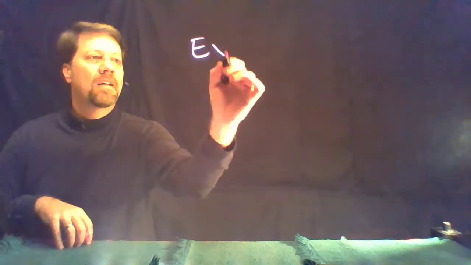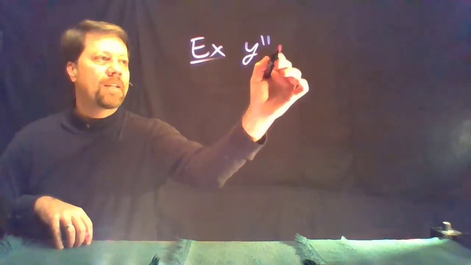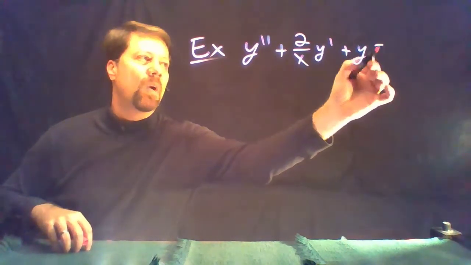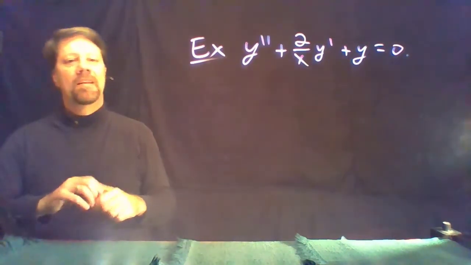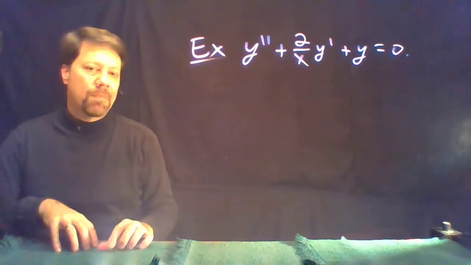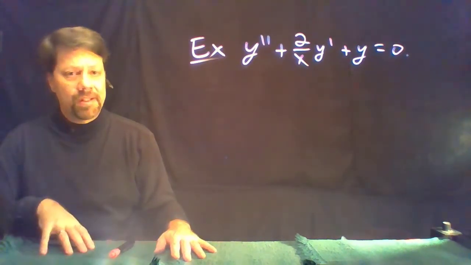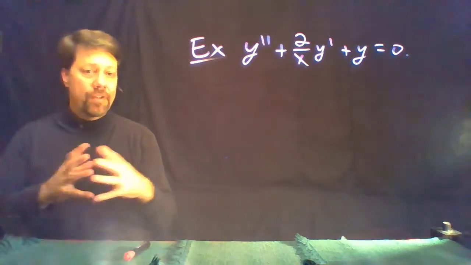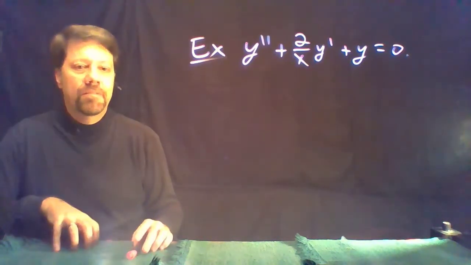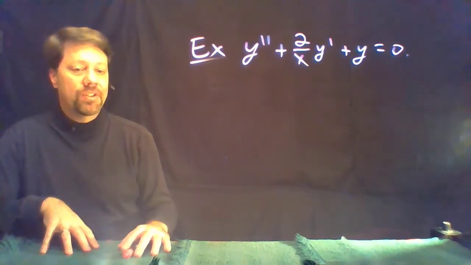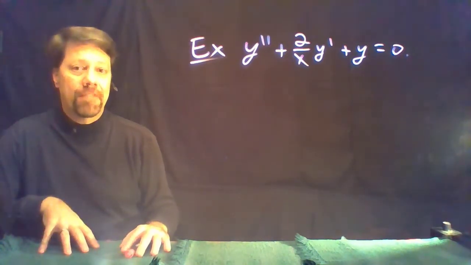As another example, I'd like to consider the equation y double prime plus 2 over x y prime plus y equals 0. I got this example from the Los Alamos primer, and something similar to this arises in connection with the diffusion of neutrons through a critical mass, but it also arises in connection to any kind of diffusive phenomenon.